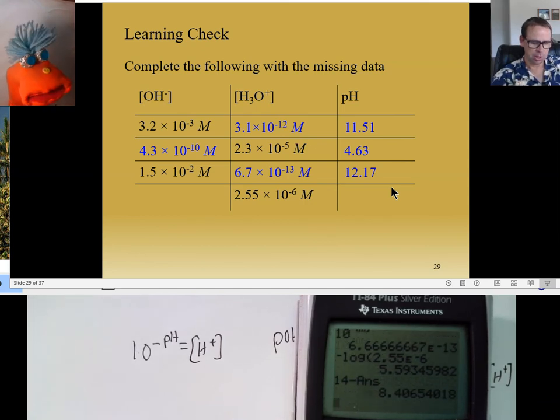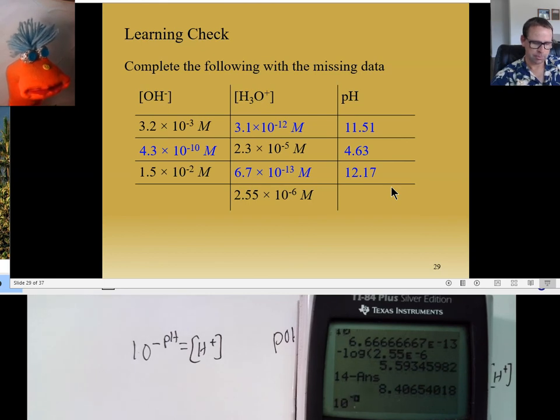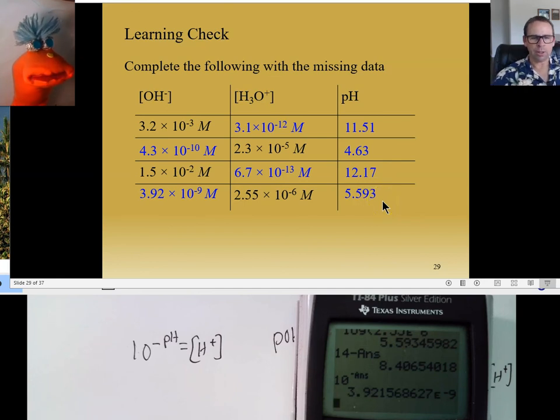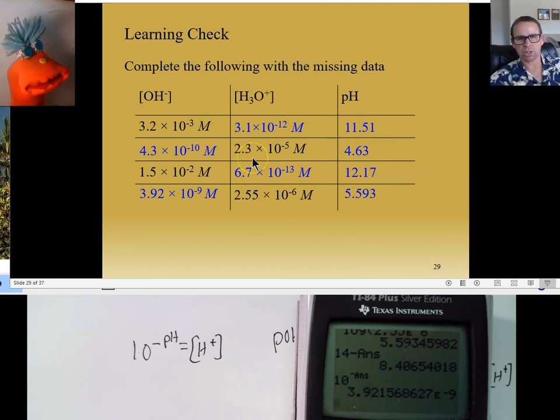And then 10 to the minus that. All right. 3.9 times 10 to the minus 9, and pH is 5.6. Very good. Important to learn our way around the pH scale. Okay, good place to stop.